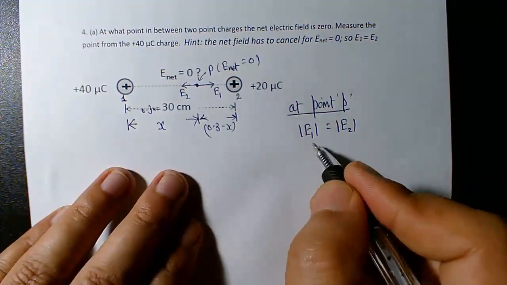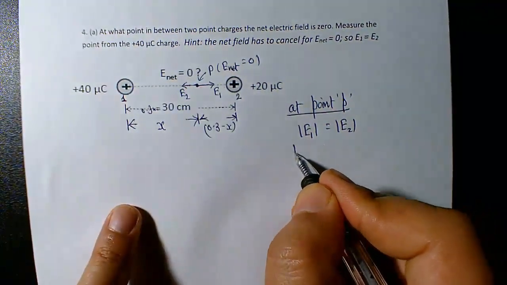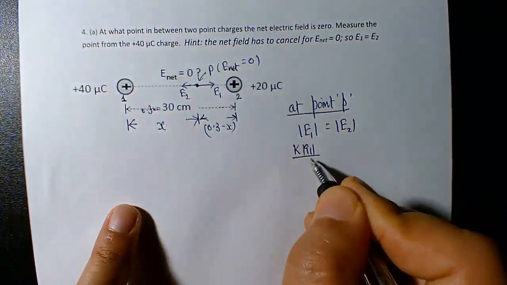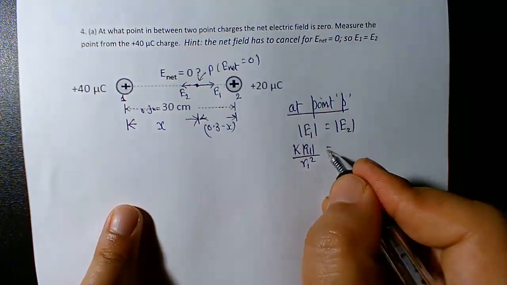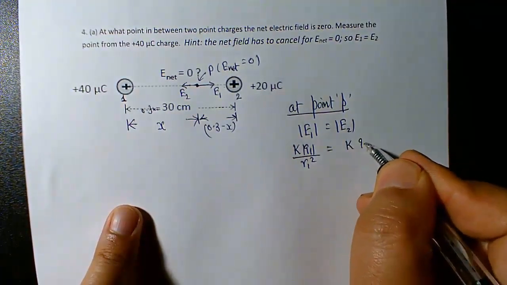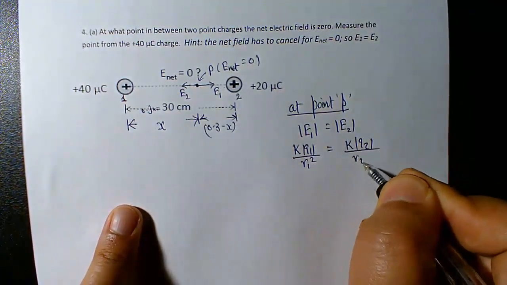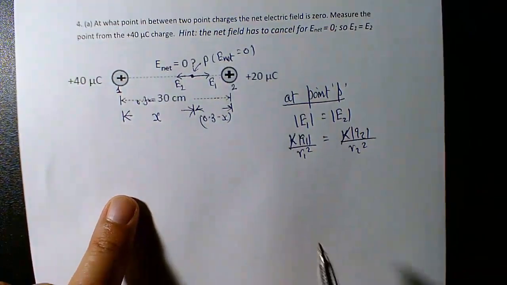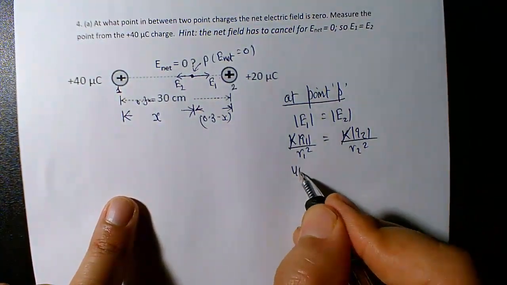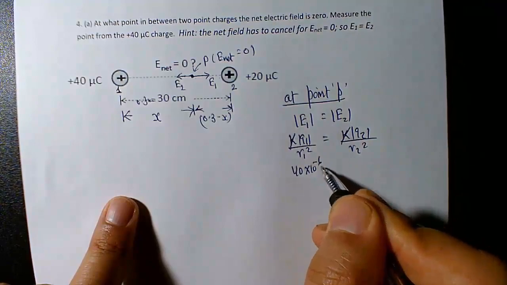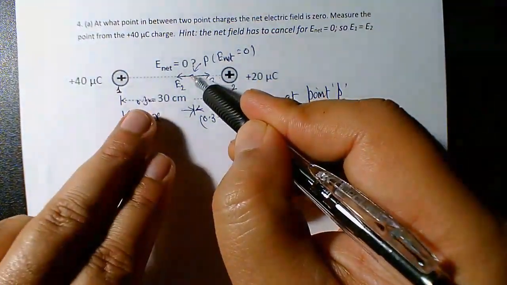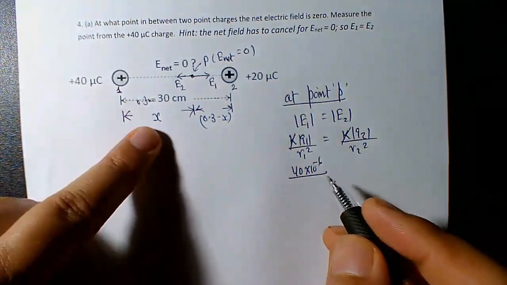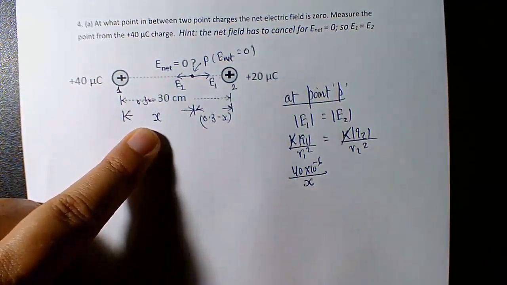So then E1 magnitude, K Q1 divided by R1 squared, where R1 is x, is equal to K Q2 divided by R2 squared. K is the same. So Q1 is 40 micro, 10^-6. R1 is the distance of point P from charge number 1, which we call x, and we are solving for x.